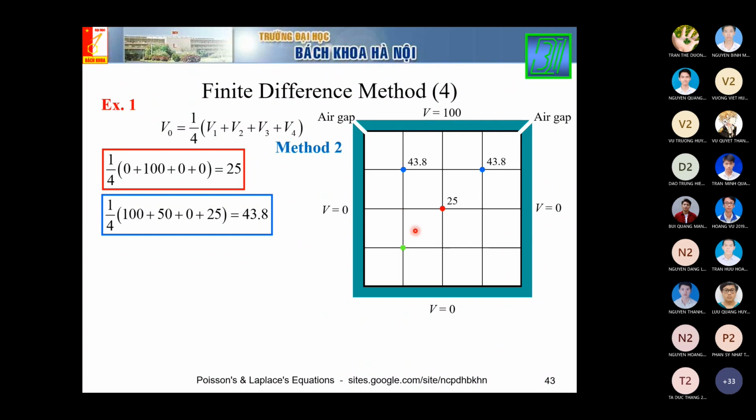Can I use a diamond? No, because so far we do not know the potential of this node and this node, so we have to use the square. It will be 25 plus 0 plus 0 plus 0 over 4, which is 6.2. And we process one symmetrically to the opposite node to have this.